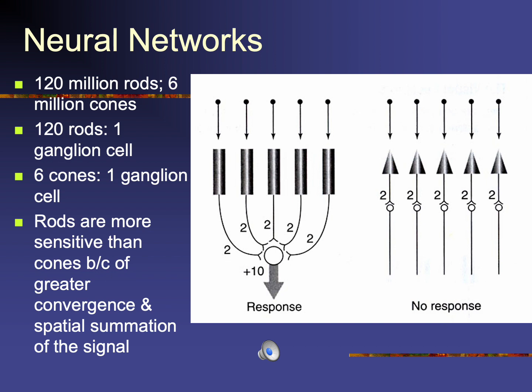Fortunately, they also have very sensitive vision. They can see things at very low light levels, like at dusk or even at night, that people with cones don't notice or can't see. So they have blurrier vision, but they have much more sensitive vision.